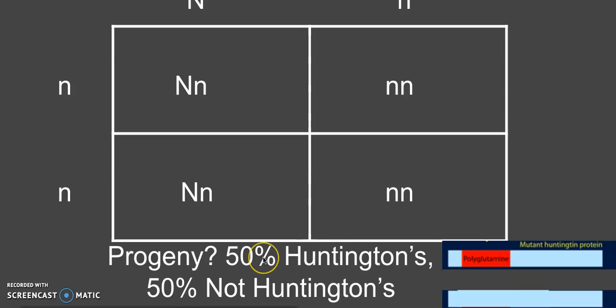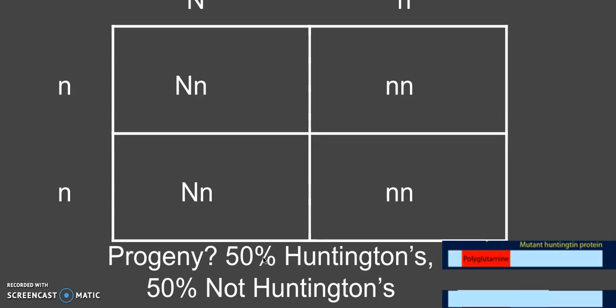And so the progeny are going to be 50% heterozygous and 50% homozygous. The 50% that are heterozygous are going to have Huntington's, and the 50% that are not heterozygous, that are homozygous, are not going to have Huntington's.